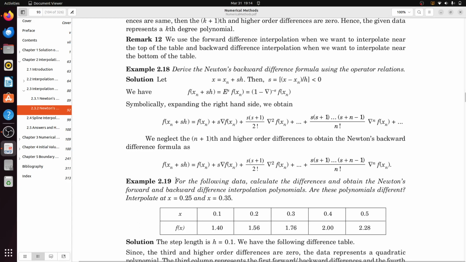Now determine this. For the following data, calculate the differences and obtain Newton's forward and backward difference interpolation formula. Are these polynomials different? Interpolate at x equal to 0.25 and x equal to 0.35.